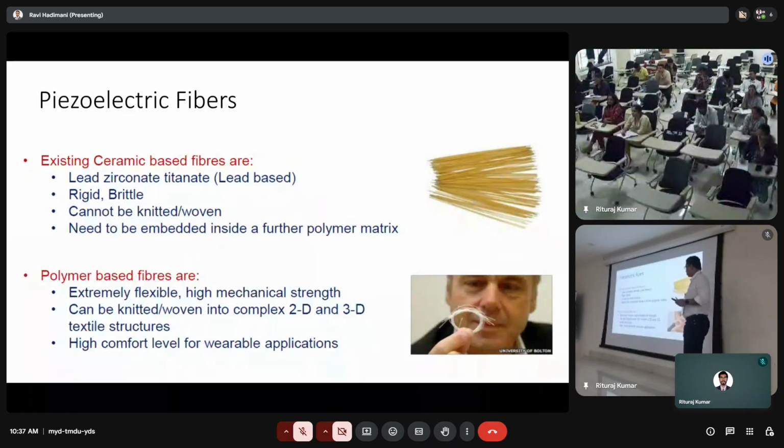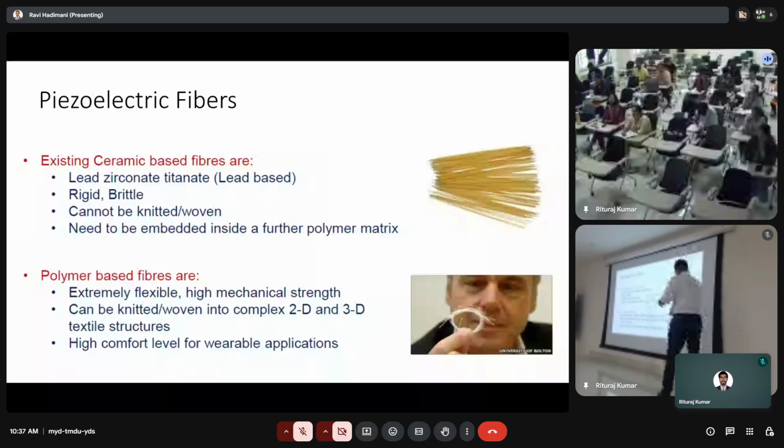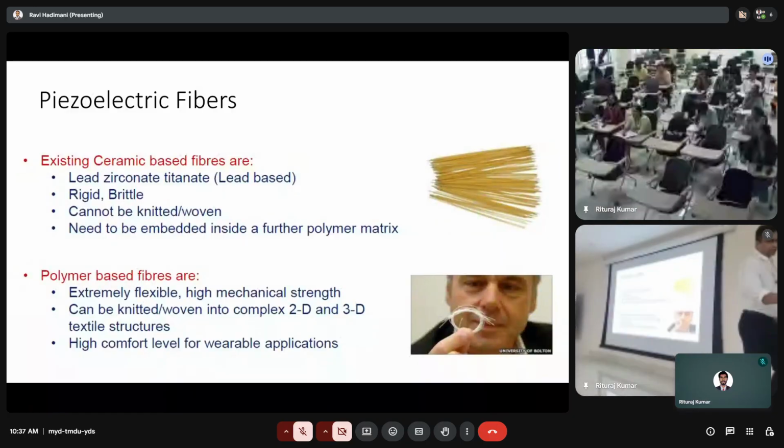So we wanted to make a piezoelectric polymer fiber that we can knit or weave into a garment to generate electricity. We eventually did that.